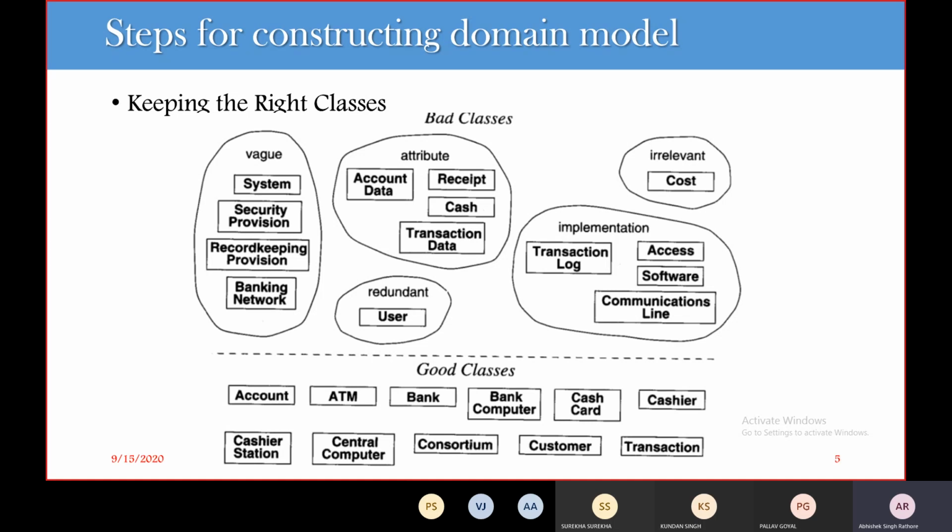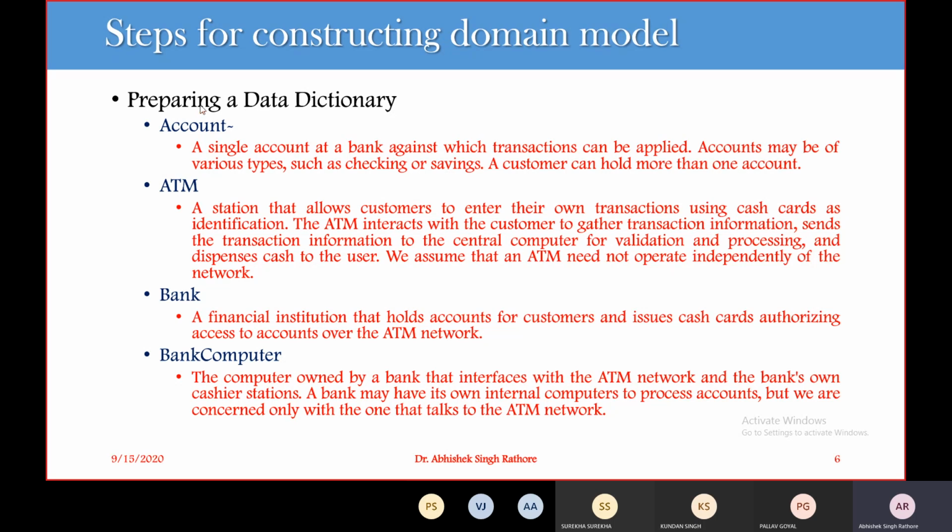Now the next thing is that we have to prepare a data dictionary. We have some isolated words, and these isolated words can have many interpretations. So we have to create the data dictionary for all those elements that we would like to model in our diagram.